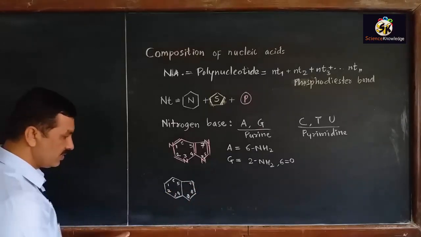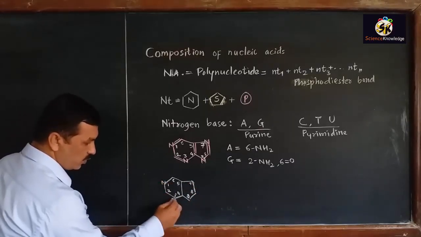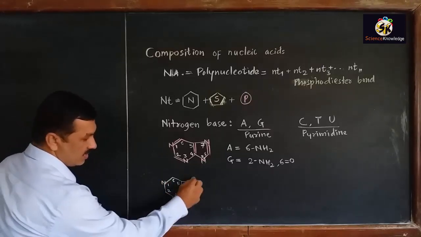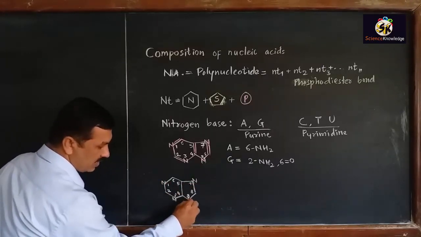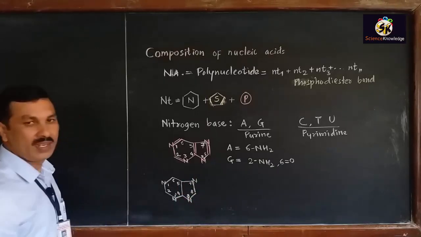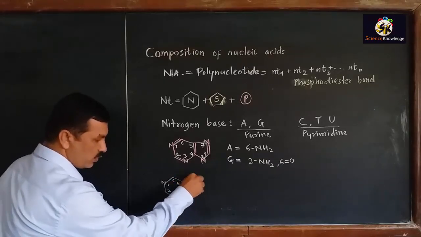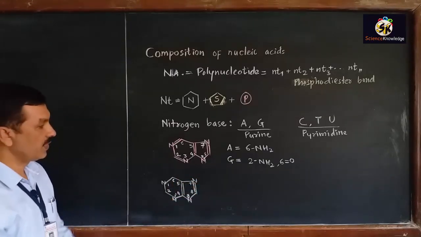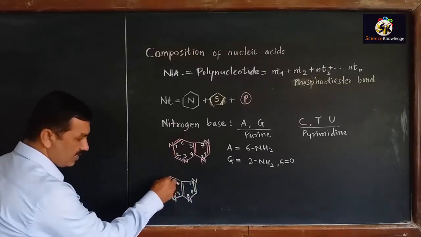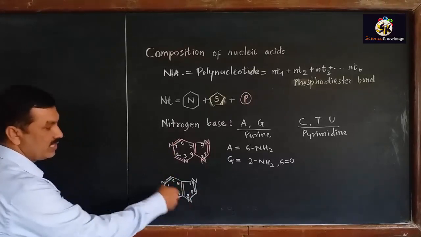Nitrogen at position number 1, position number 3, 7 and position number 9. Double bonds between carbon number 4 and 5, nitrogen 7 and carbon 8. Then double bonds are here alternately. Okay, so this is the basic structure.